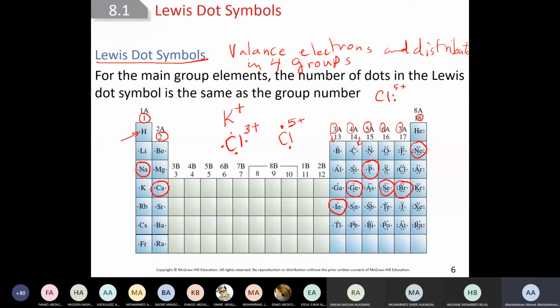It is okay, but that's not preferred for a Lewis dot symbol. This is not wrong, it's okay, but not preferred. The best thing is actually X or any, as I said, any plus. Clear?